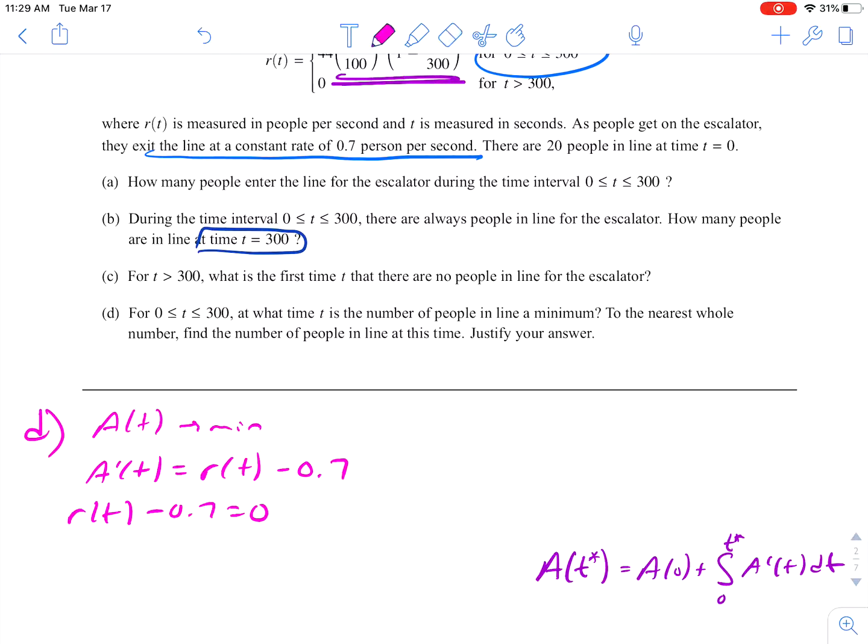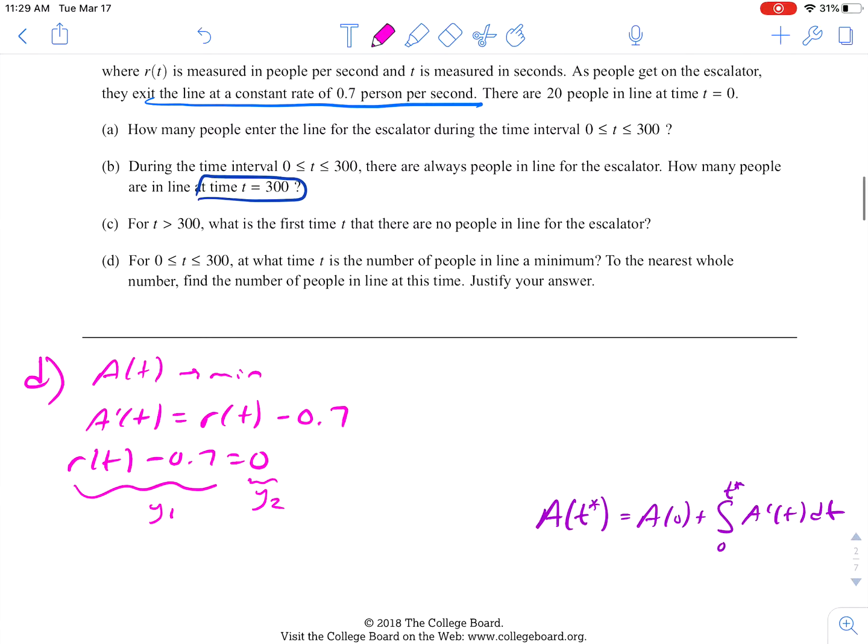I'll just leave it like this, and now I'll use the calculator to find where these things intersect. In doing that, we're going to get t values of approximately 3.803 and 158.070.